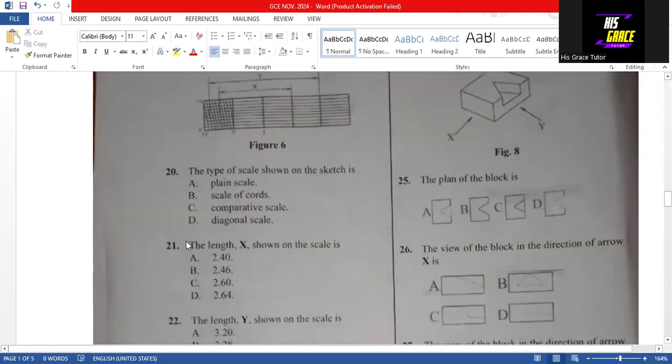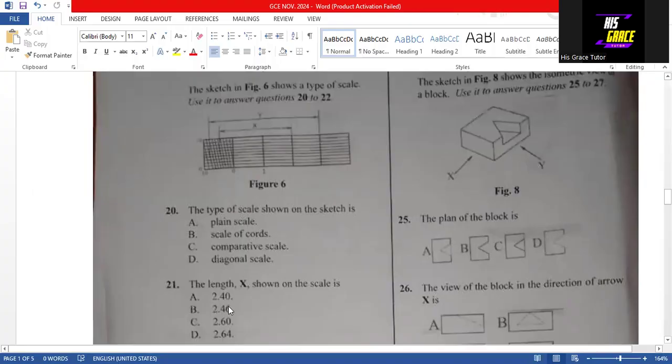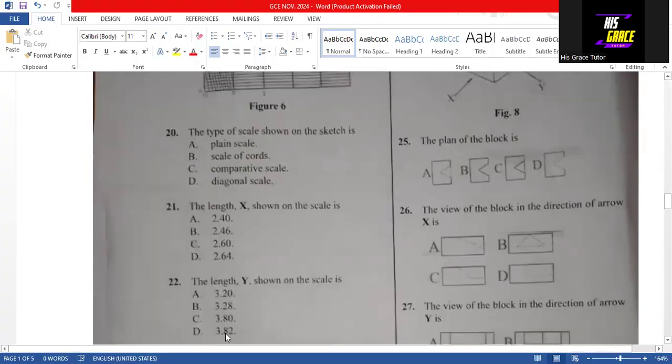This is a diagonal scale. And question 21, the length X shown on the scale is 2.46. That is what I got. Then question 22 says that the length Y shown on the scale is, what I got is 3.84, but they put 3.82 here.